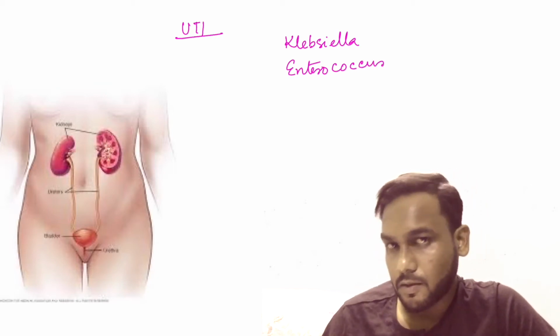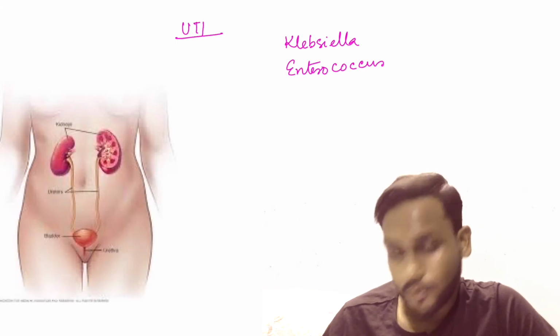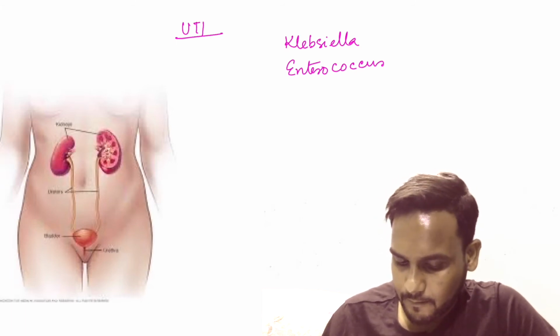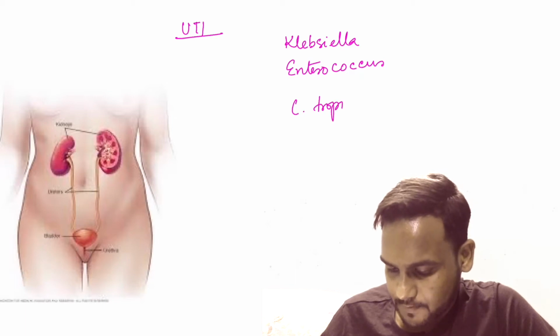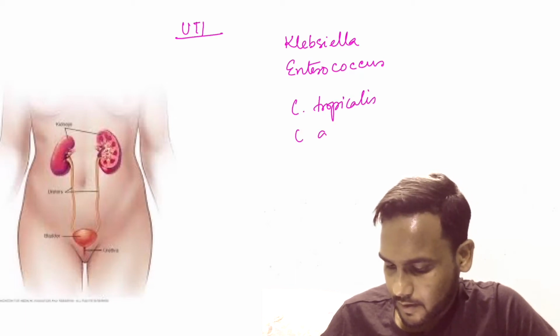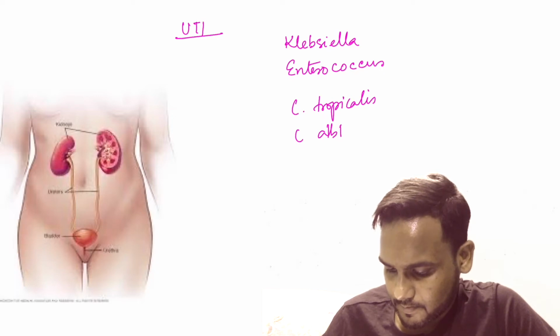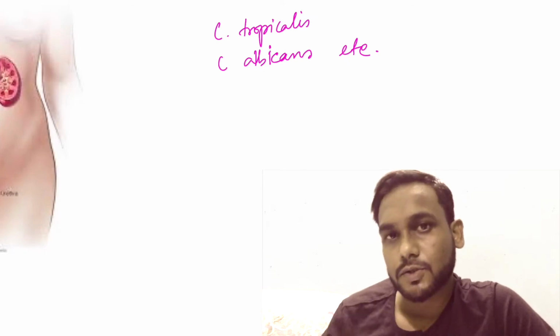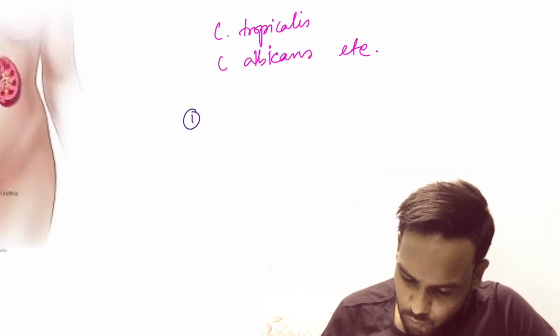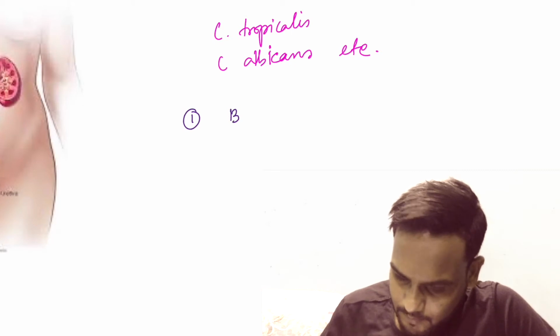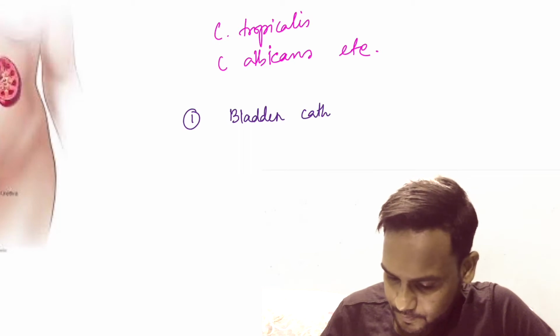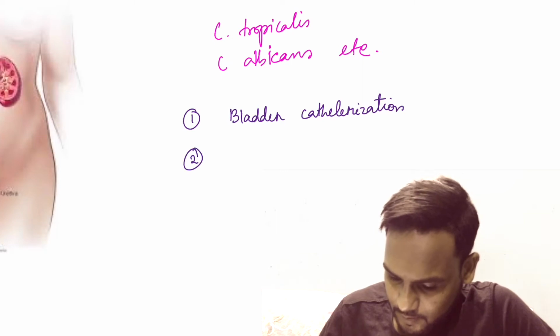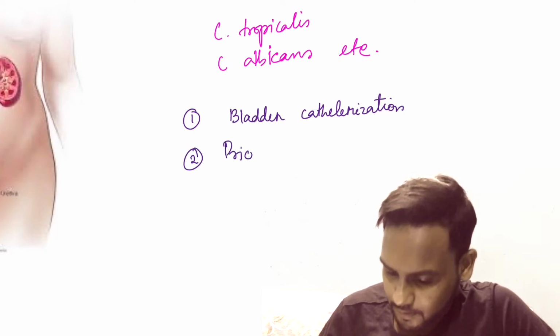Fungal organisms are also very common in urinary tract infections, like Candida tropicalis, Candida albicans, etc. Some risk factors of UTI are: 1. Bladder catheterization. 2. Prior antibiotic therapy.